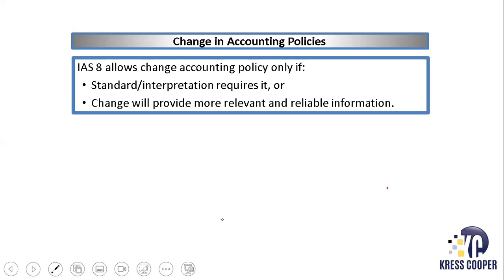Then in the previous few years, from 2018 onwards, the policy about leasing was changed, about revenue recognition was changed, about financial instruments was changed. So whatever policy is suggested in the new accounting standards, as you saw, earlier there was IAS 18 talking about revenue recognition. Now it is IFRS 15.